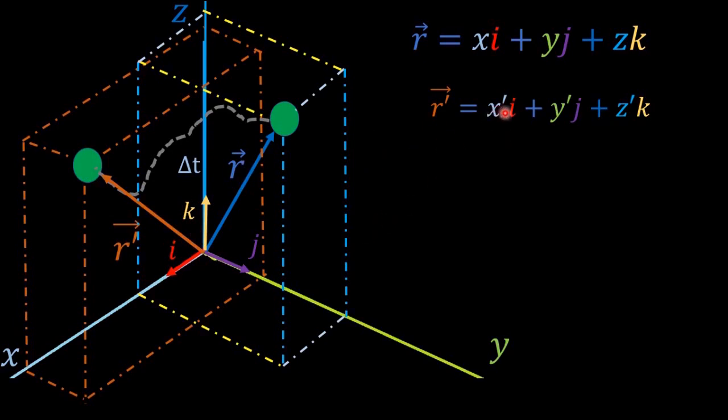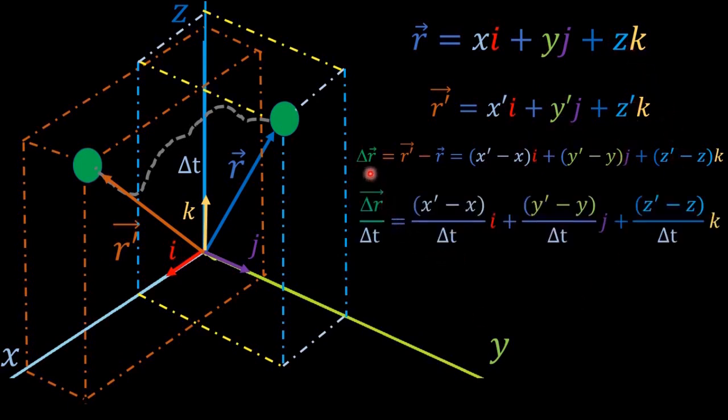So x prime would be this distance here in the i direction, y prime would be that distance over there in the j direction, and z prime would be this distance here in the k direction. If we find the difference between the two to get delta r, we do r prime minus r. So we do x prime minus x for the i direction, y prime minus y for the j direction, and z prime minus z for the k direction.